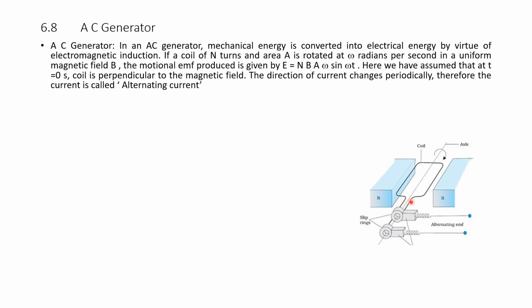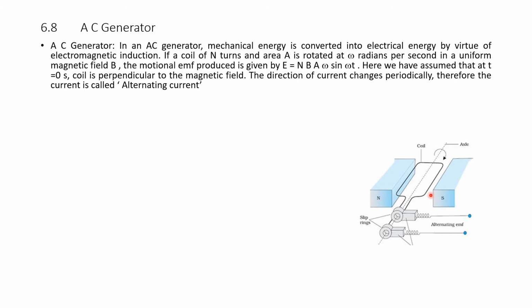It has area of cross section A and is rotated at an angular velocity omega radians per second in a uniform magnetic field. This uniform magnetic field is produced by the permanent magnets N and S.